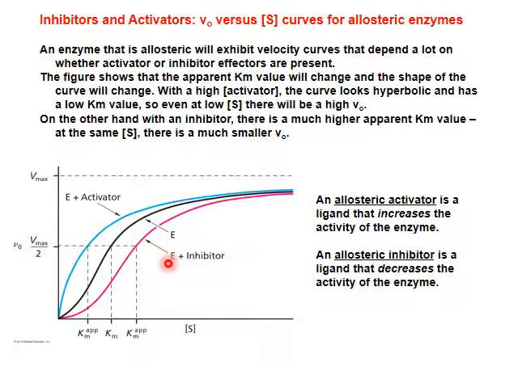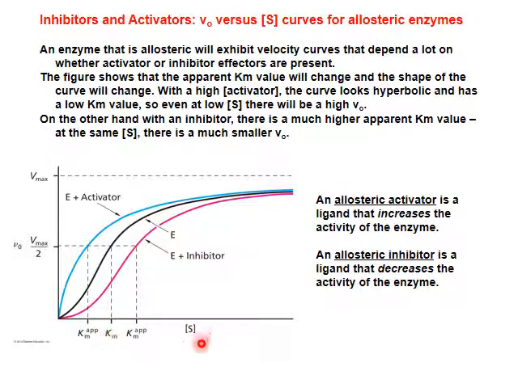When we have an inhibitor, it's making the binding of the substrate even more difficult. And so we have more sigmoidal behavior. And notice the initial velocities aren't as high at given substrate concentrations because it's more difficult for the enzyme to catalyze the reaction. Okay?